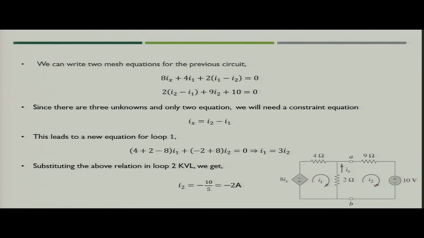Here we have two meshes. So, what we have to do? We have to write the mesh equations for both of them. So, these would be the two mesh equations for these two meshes, plus we will have another constraint for I x, that is nothing but I 2 minus I 1. Now, if you use these three equations and solve them, you will get I 1 is equal to 3 I 2, and using KVL in loop 2, you will get I 2 is nothing but minus 10 divided by 5.